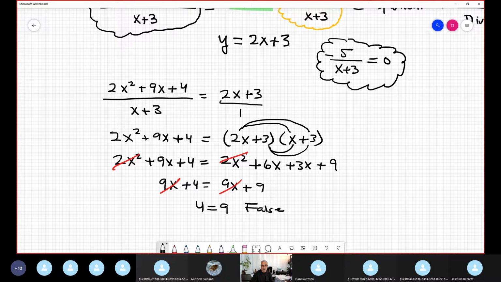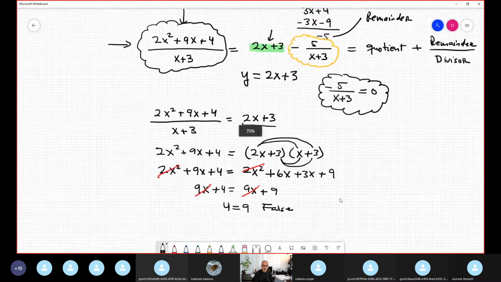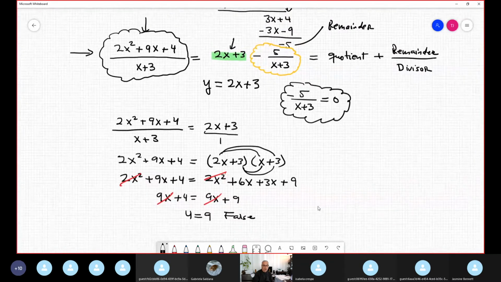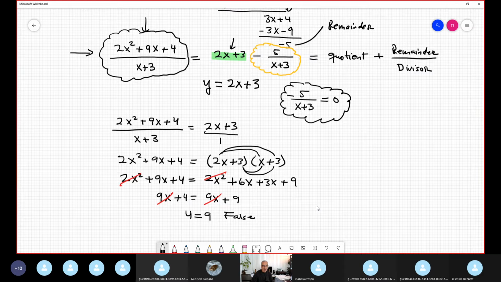Do you understand that part or no? So what is the conclusion? The conclusion is the original function never crosses the slant asymptote. Never crosses.